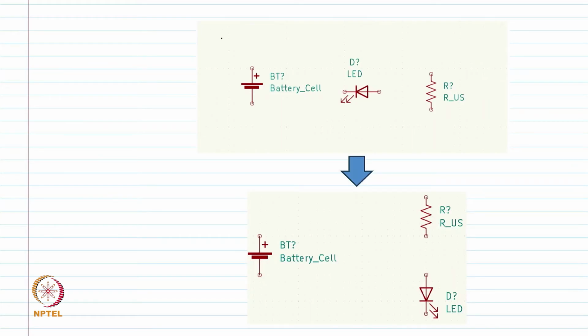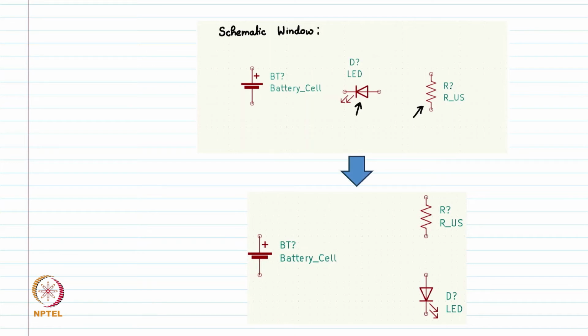So this is our schematic window, or schematic sheet, whatever we want to call it. We bring all the components by pressing A or the add a symbol button. First we have chosen one LED. Next we choose one resistance.